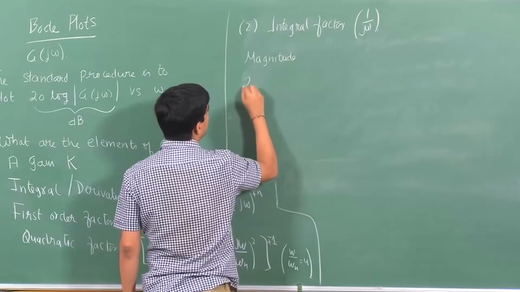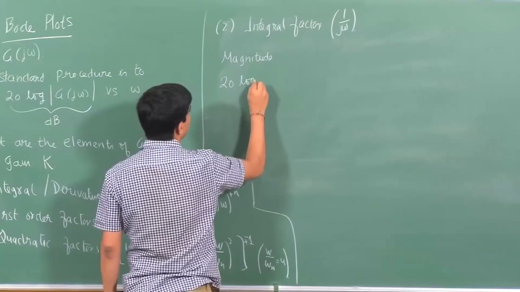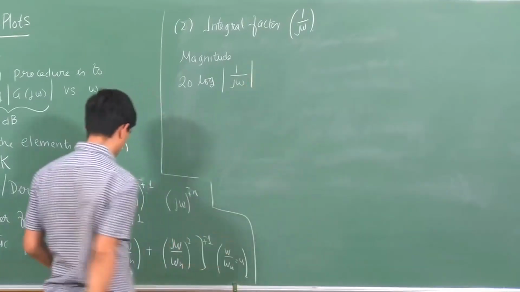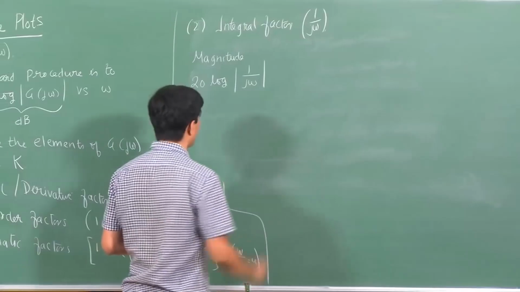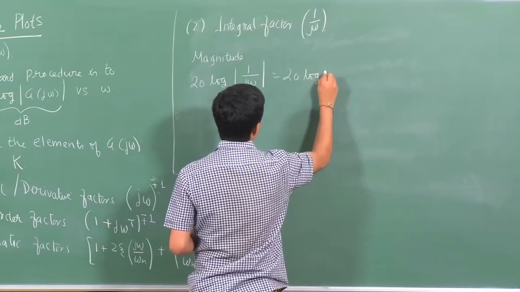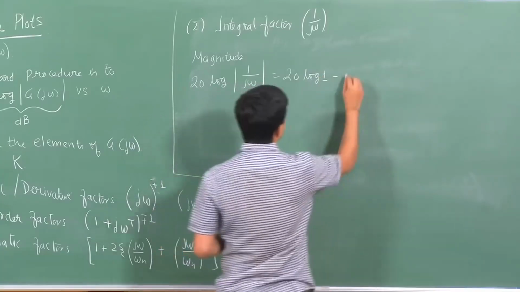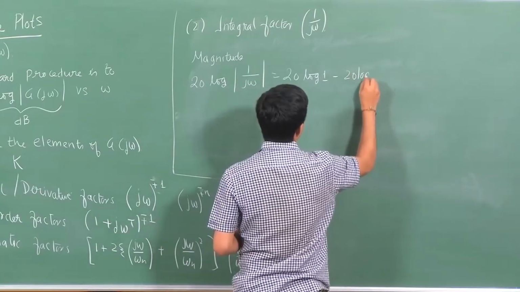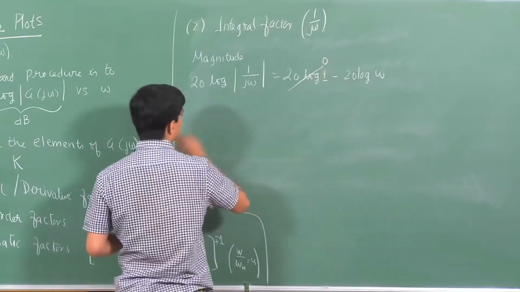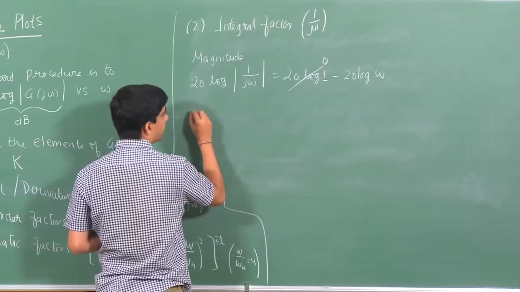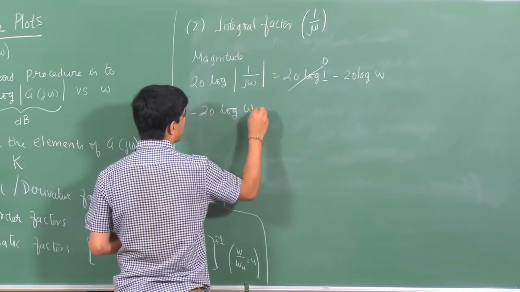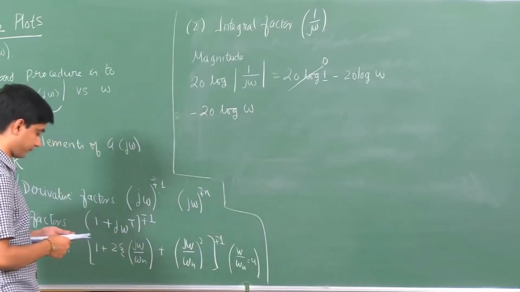I'm just looking at 20 log of 1 over j omega. If I expand this, it will be 20 log of 1 minus 20 log of omega. The first term is 0, so what is left is minus 20 log of omega.